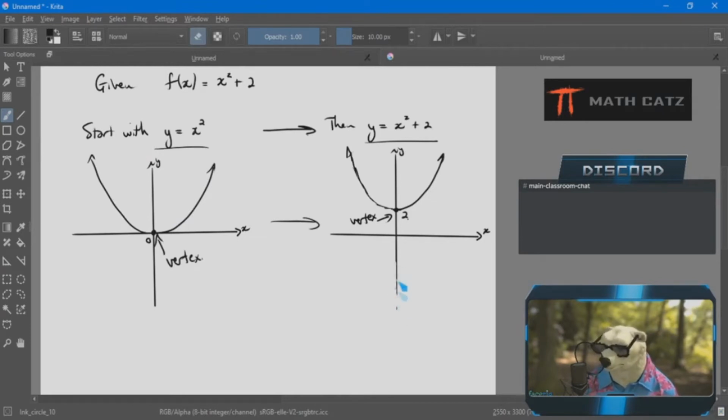Just erase this extra long y-axis again. All right. So they want to know the y-intercept. Easy. Because I just moved my graph up, the y-intercept is (0, 2). X-intercept.